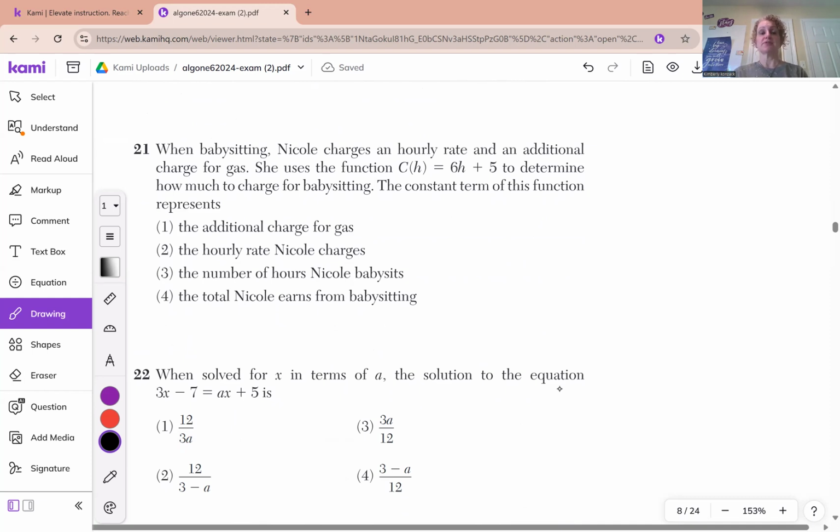The constant term of this function represents. Remember, the constant term does not have the variable there. So what would that represent? The flat amount. So she charges an hourly rate of that $5. And then she would charge an additional $6 additional charge for gas, right?